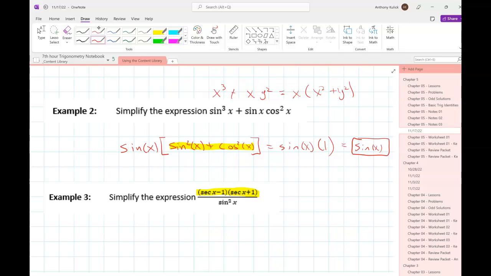That fits one of our multiplication patterns from last time, doesn't it? Isn't that a difference of two squares multiplication pattern? So I don't even really need to FOIL this out. I know that if this is a minus b and this is a plus b, it's got to multiply out to give me a squared minus b squared.